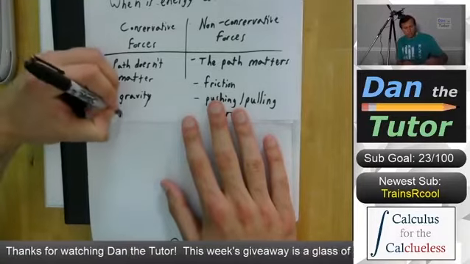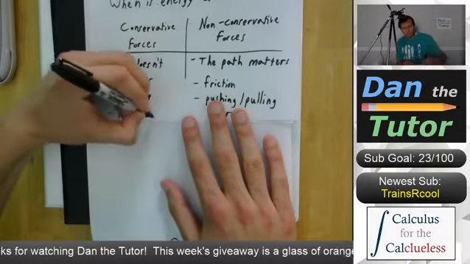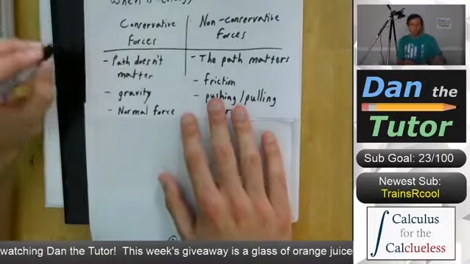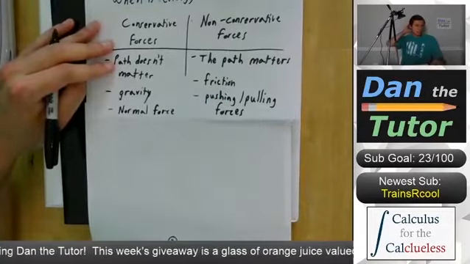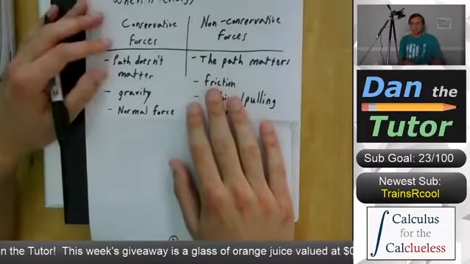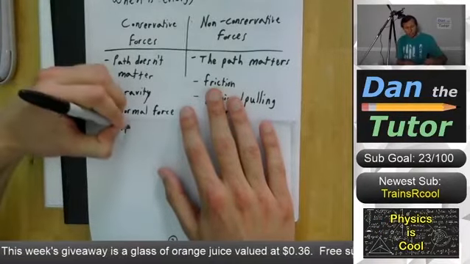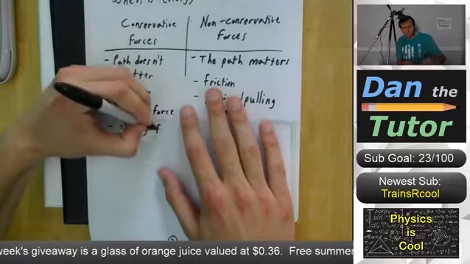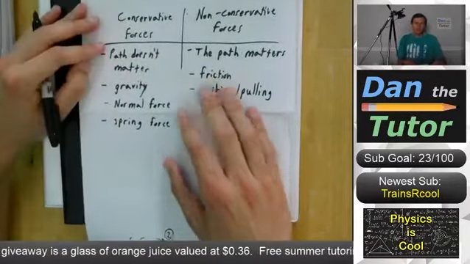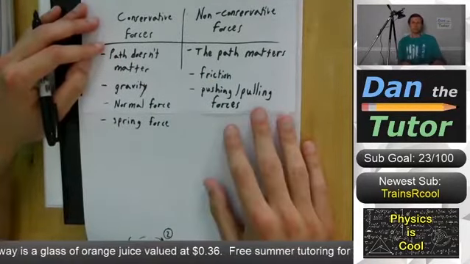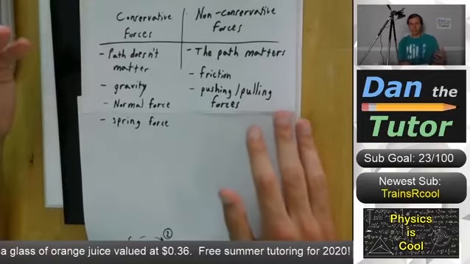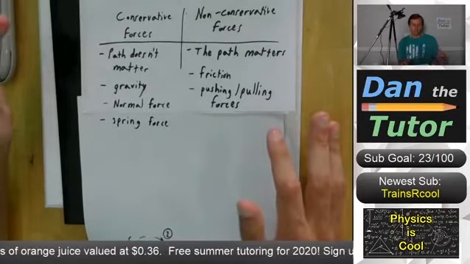Those include the normal force. So the normal force is conservative. It's not going to add or subtract energy from the system. Another example would be a spring force, which we're not going to talk about really today. I can talk about it in another lesson. But the spring force is also going to be conservative. It's not going to add or subtract energy from the system.